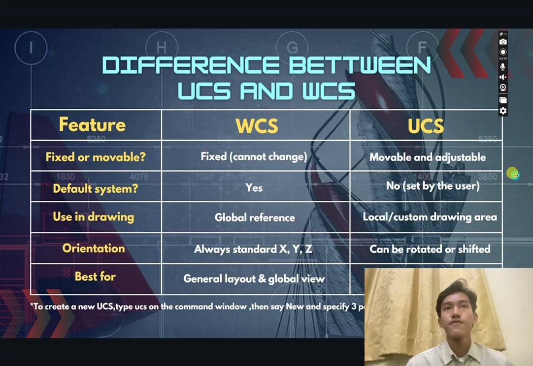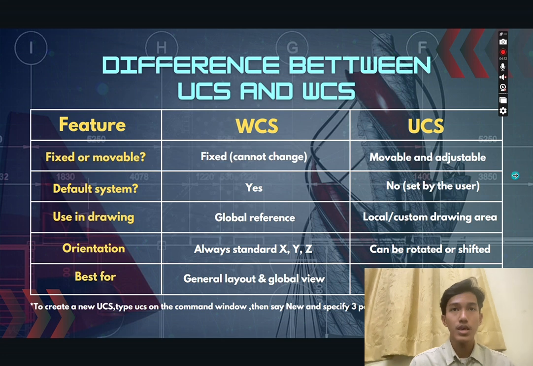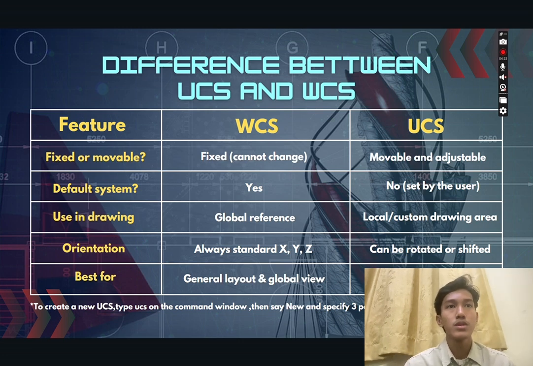So what is the difference between UCS and WCS? For WCS, it is fixed and cannot change, but UCS is movable and adjustable. WCS is the default system, but UCS is set by the user.